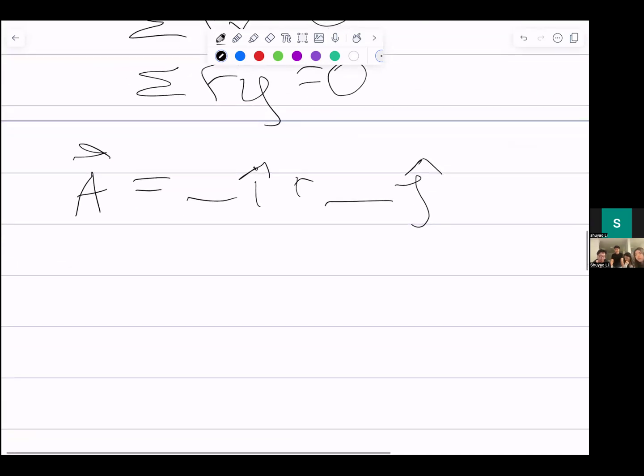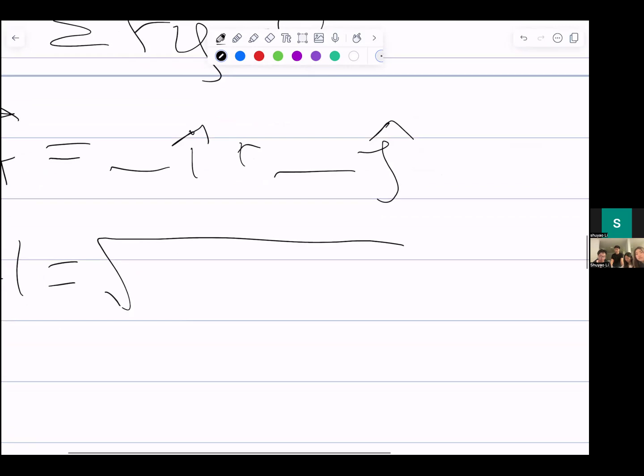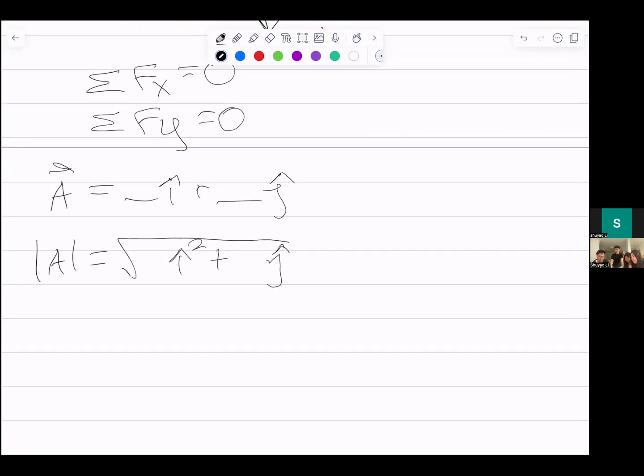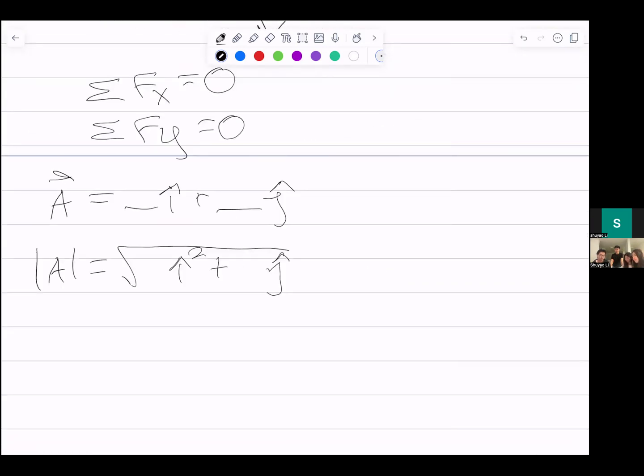And if we wanted the magnitude version, or the scalar version, of A, we would have to find it by squaring and square rooting its components in order to find its full magnitude. So the main difference is that vectors have direction while scalars are purely the quantity.